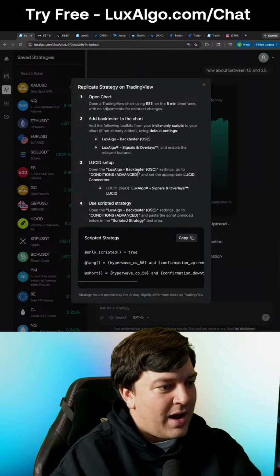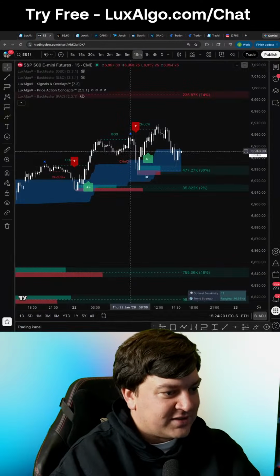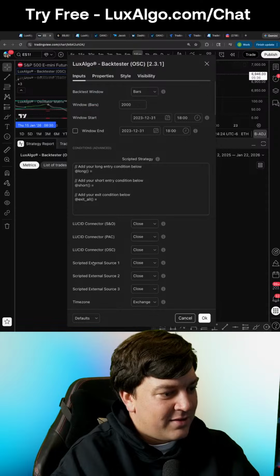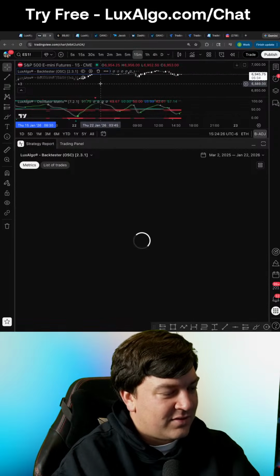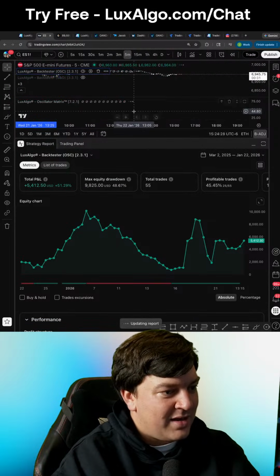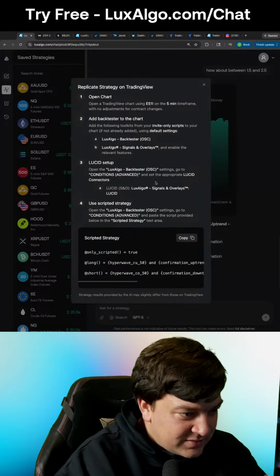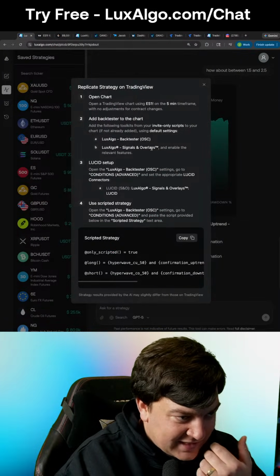So we can go and copy that code, but we need to bring up the oscillator backtester here. I'm already liking it. I like that oscillator backtest. This is on ES, so I wanted the 5-minute. And then what it wants for the strategy is signals and overlays connected.